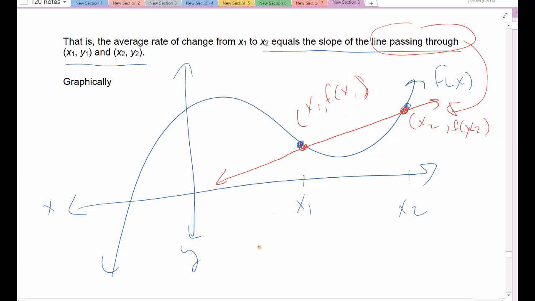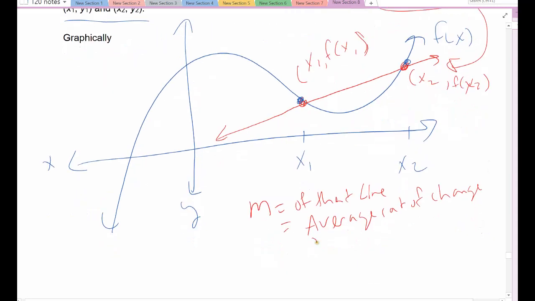And so the slope of that line equals the average rate of change for f of x from x1 to x2.